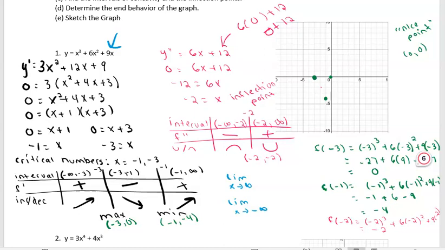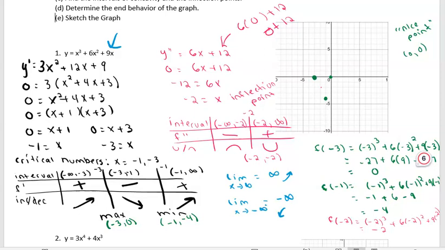Well, as x keeps getting bigger, we're going to go to infinity. Now let's check again for negative infinity. If we get numbers that are approaching negative infinity for x, what's going to happen to y? It's going to go to negative infinity. So that means for our end behavior, the right end is going up and the left end is going down.